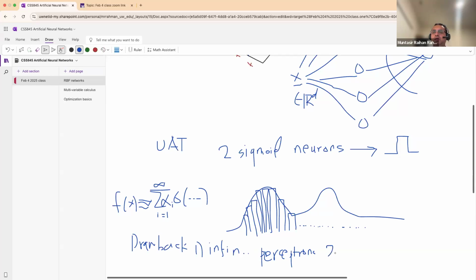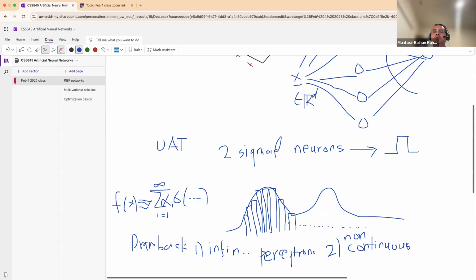And the other thing is that we might not have a continuous function. There are ways to deal with a non-continuous function.